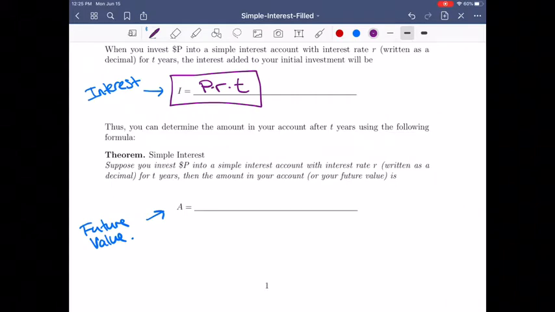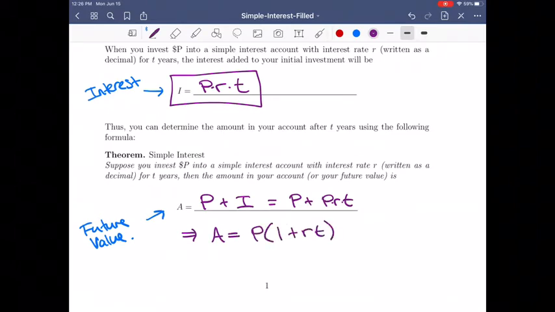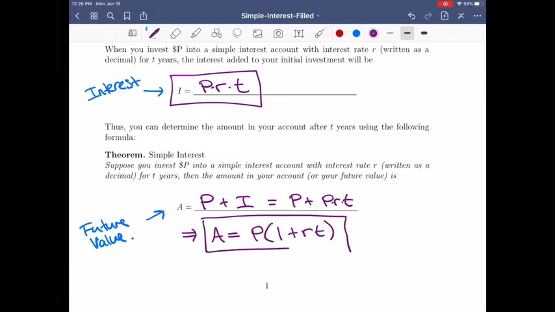So if you invest P dollars in a simple interest account with interest rate R for T years, the amount in your account is going to be your principal plus your interest, which is your principal plus PRT, P times R times T. Normally we factor out the P, so it's going to be P times 1 plus RT. That's normally the formula we use, and that is your amount in your account after T years.